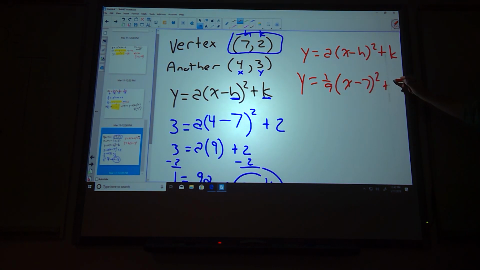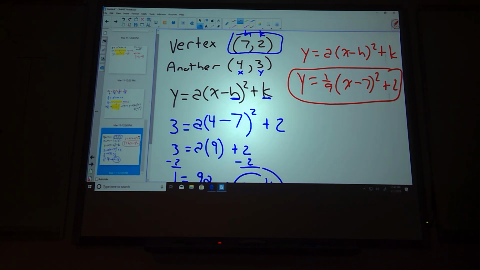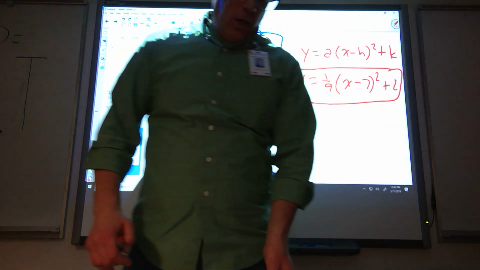My k value is 2. So here's the equation of my parabola if I was given the vertex and one other point. So you have to use the same equation twice. Use it first time to solve for a, and then you use it a second time, plugging in your newfound a value and your h, k value, leaving x and y alone.